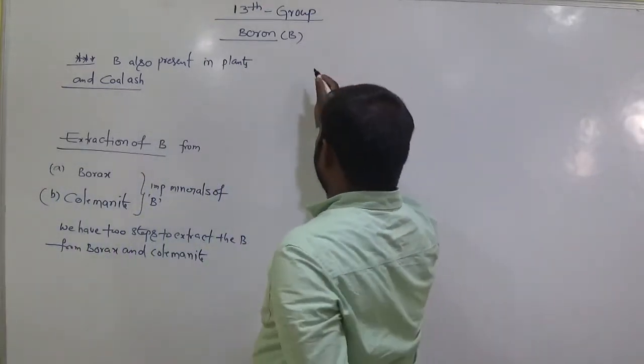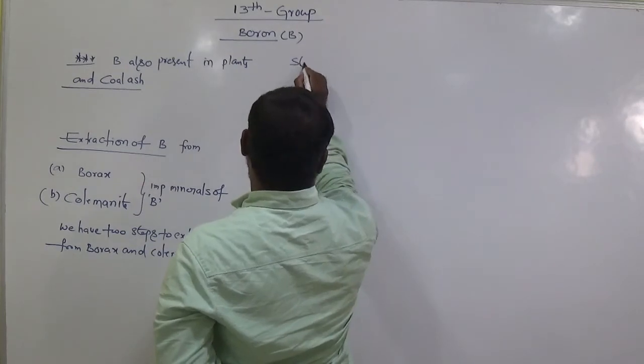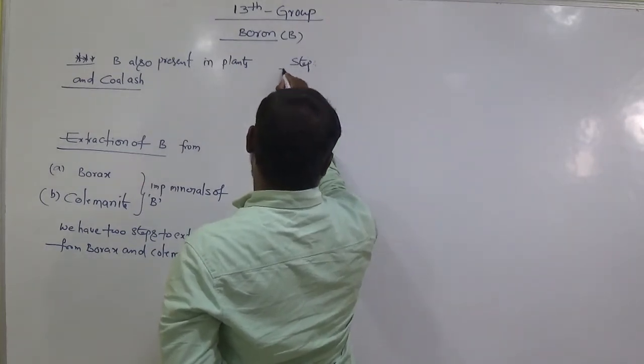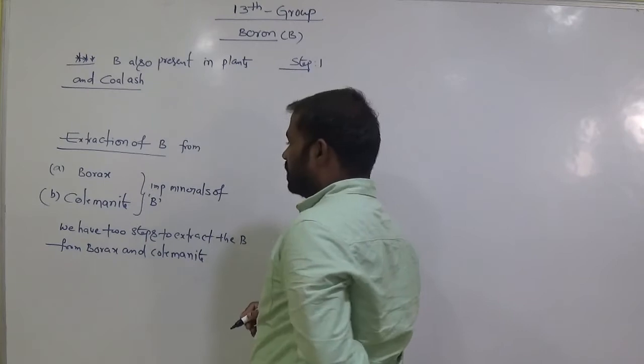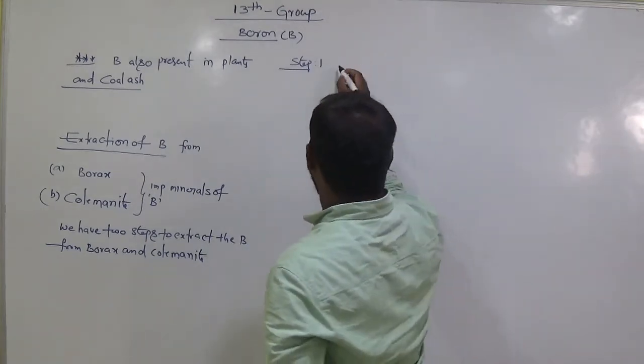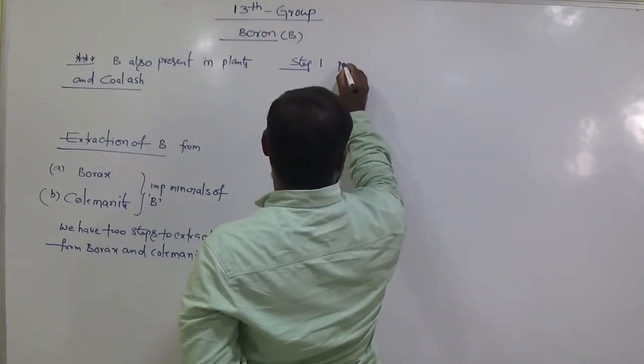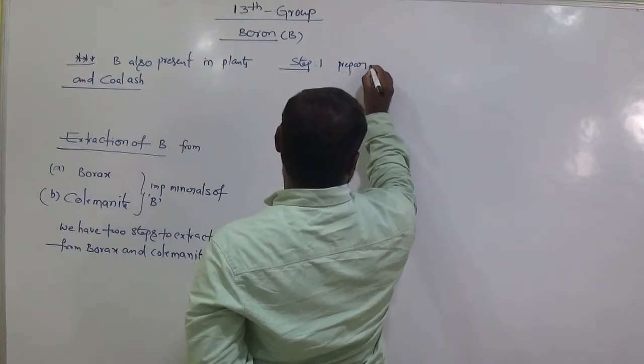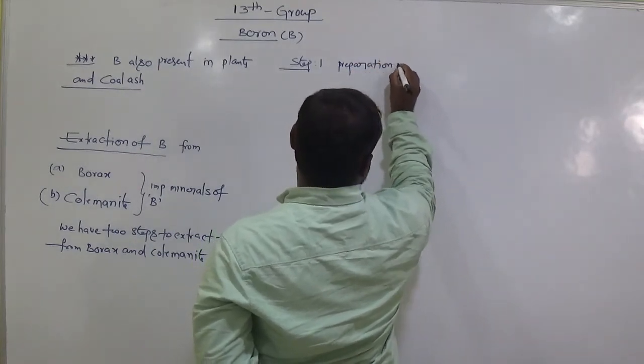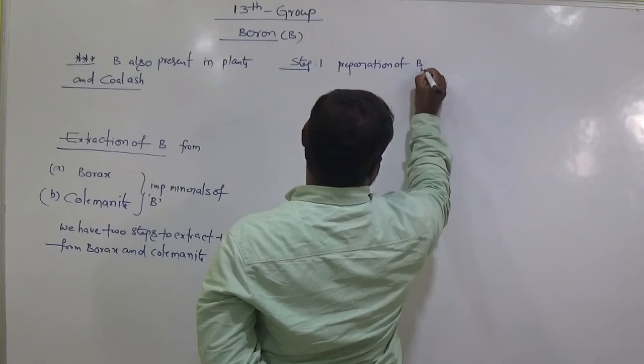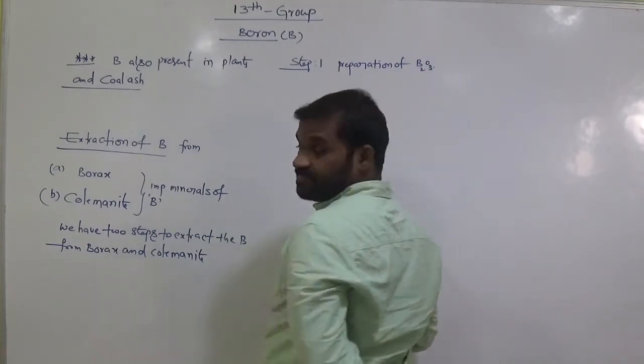The first step is the preparation of boric anhydride, B2O3.